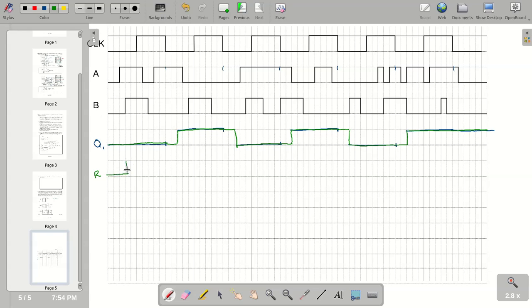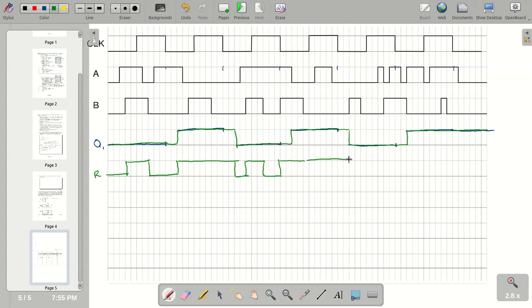So here it goes high, then goes low again, and then this part is high, so it goes high, high, high, high, high, high, and low. Now high again over here, low, high, low. I'm sorry, this part is high, so it stays high.